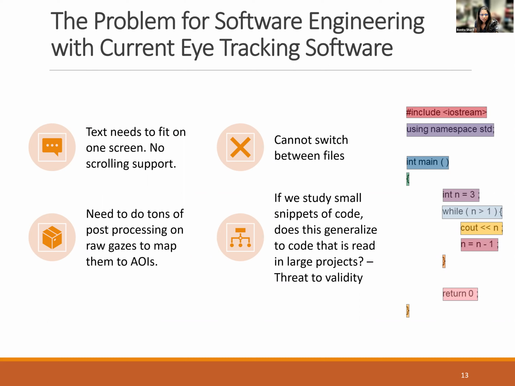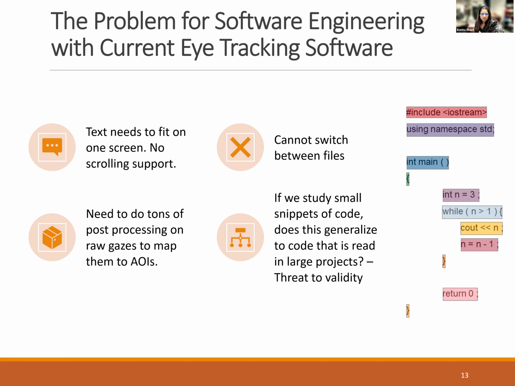This is a problem because oftentimes software developers do not work on just 10 lines of code. They work on many hundreds and thousands of lines of code and many files, and they switch between files. So the problem of using current state-of-the-art systems to conduct eye tracking studies for software engineering was that we could not switch between files.